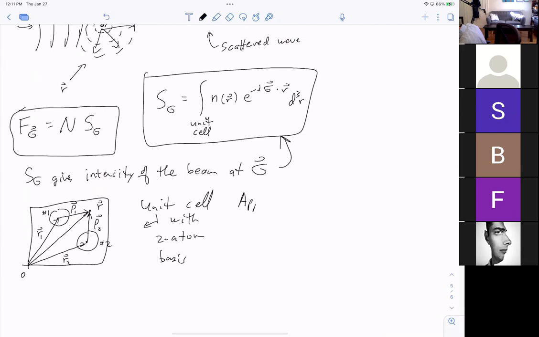This is an approximation, but the approximation I want to make is that n of R in the unit cell is equal to this sum, j equals 1 to P, of n_j of R minus R_j, where I have P atoms in the unit cell.